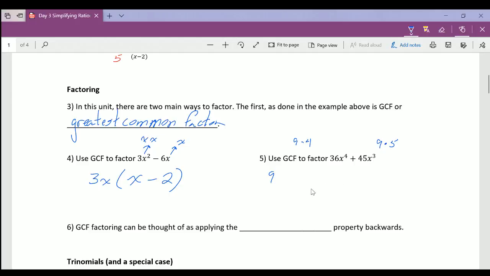This one has 3 x's. So you can pull 3 out of both of them. Okay, 36 divided by 9 is 4. And if you pull 3 x's out of there, you've got 1 remaining. 45 divided by 9 is 5. And we pulled all 3 x's out. So that is that one. All done.